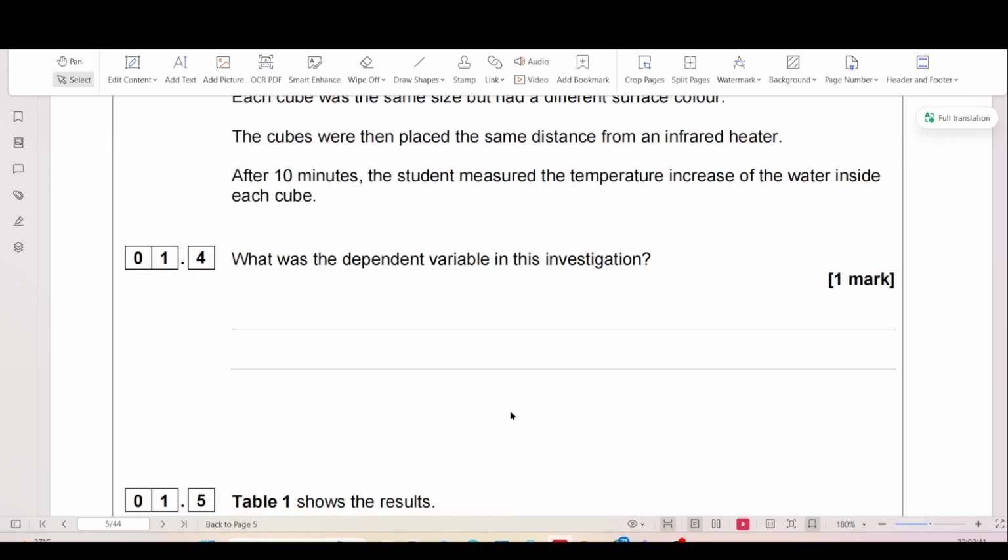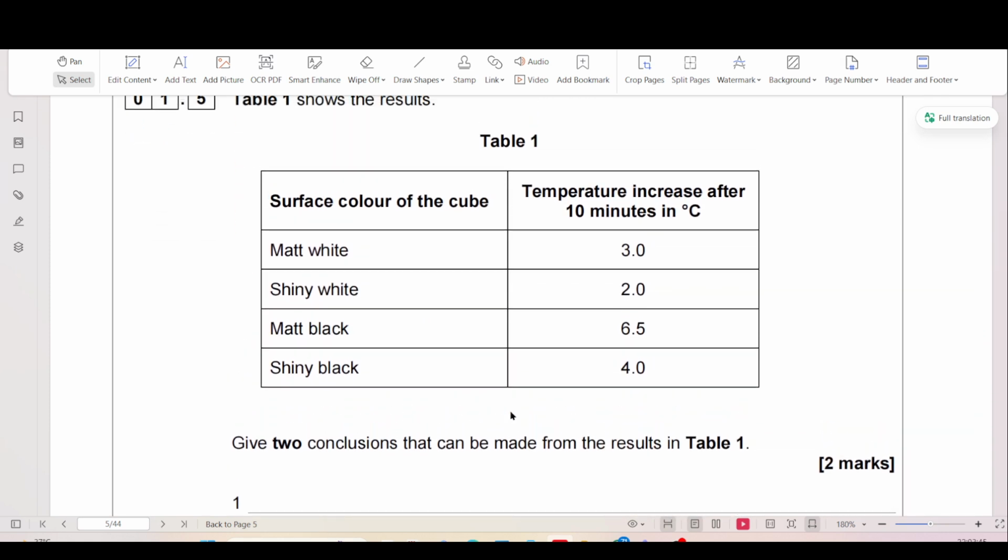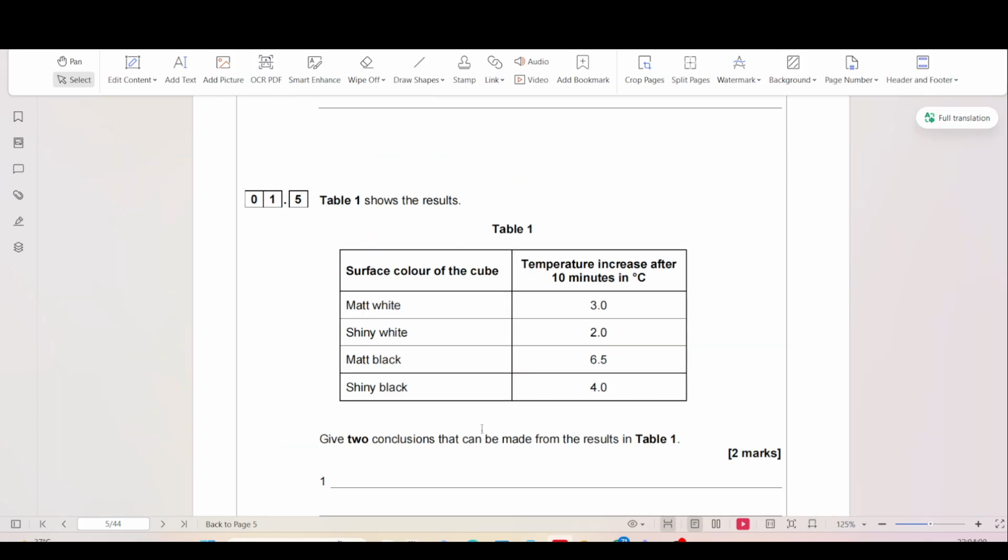Give two conclusions that can be made. So, matte black is best. Yes, black is the best absorber of radiation.